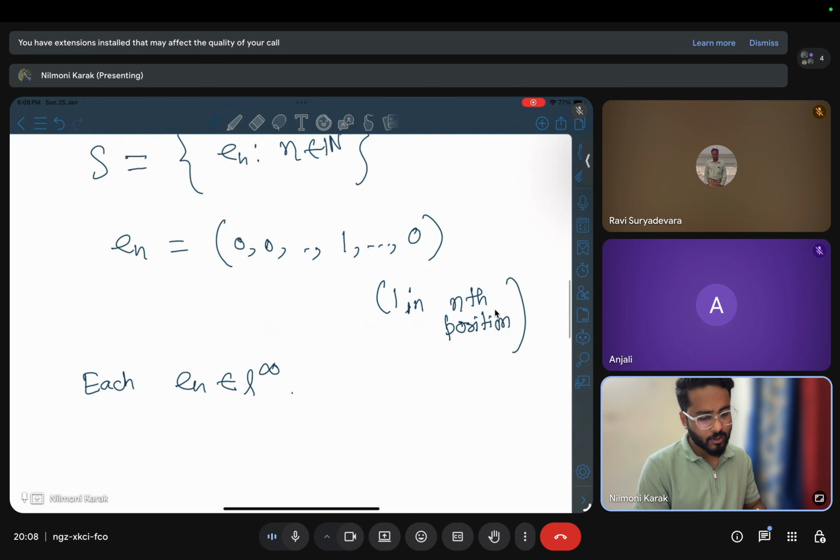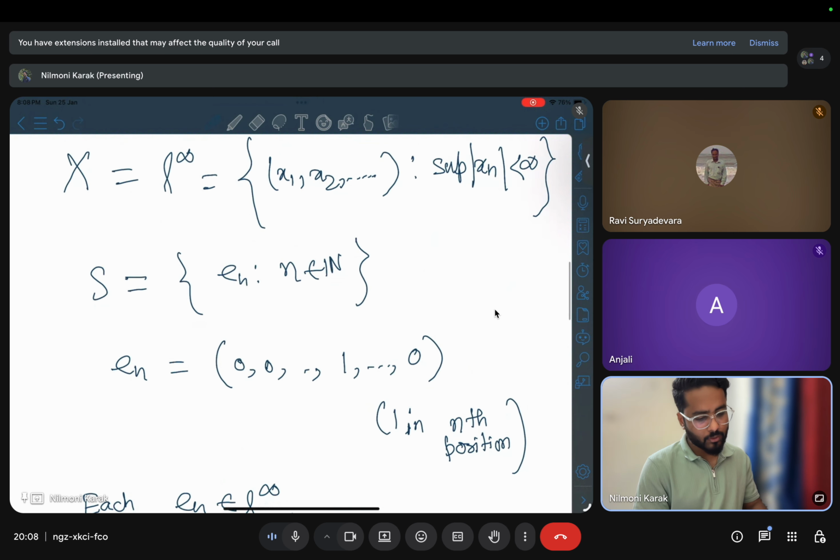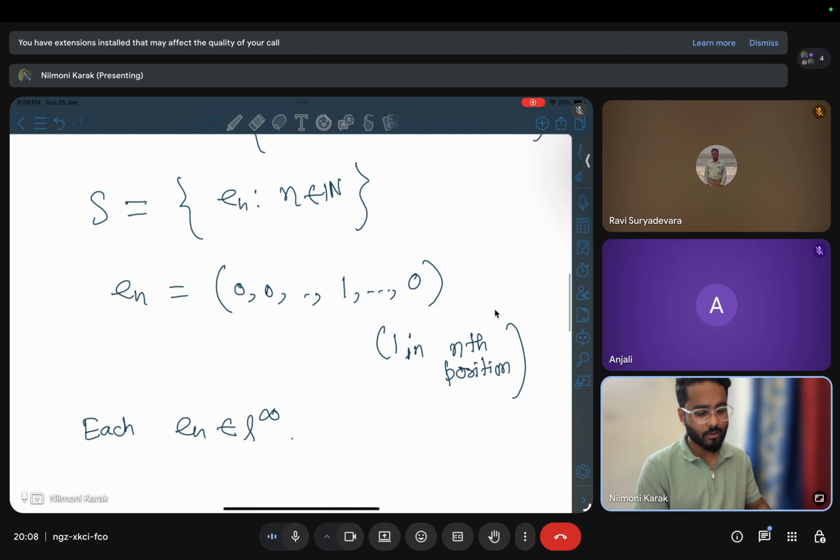Each En is in l infinity, because the supremum of this is 1, so less than infinity.